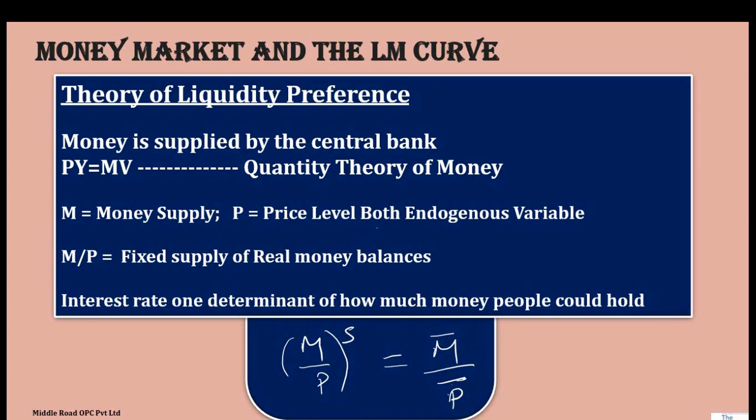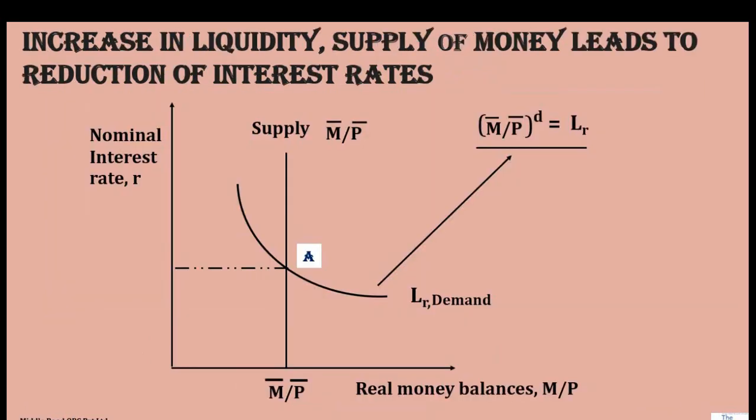Interest rate is not the only determinant, but one of the determinants of how much money people could hold. So it goes through the demand side, whereas on the supply side, interest rates do not influence the real money balances supplied within a system.